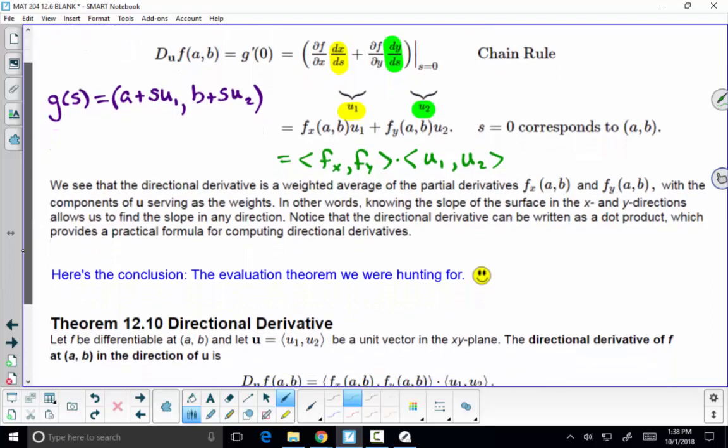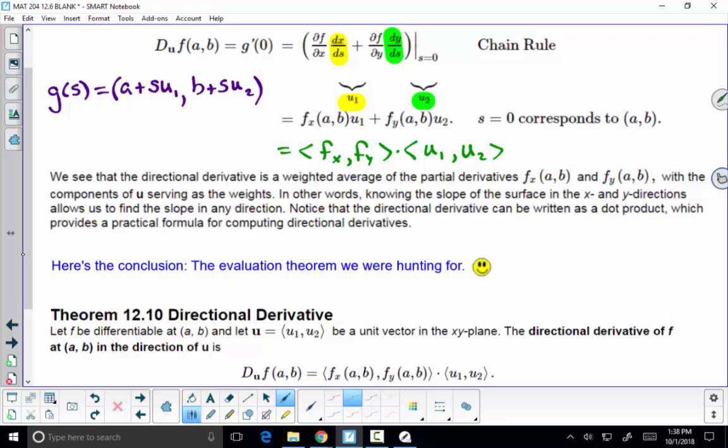So they refer to the directional derivative as a weighted average of the components of the unit vector. So this unit vector u, right? We're taking f sub x and f sub y, and then we're weighting them with respect to whatever the components of u are. So if the vector u is 1, 0, we get just f sub x, which makes sense. F sub x is the rate of change in the positive x direction.